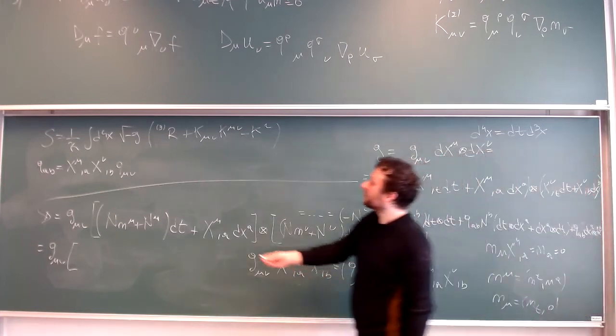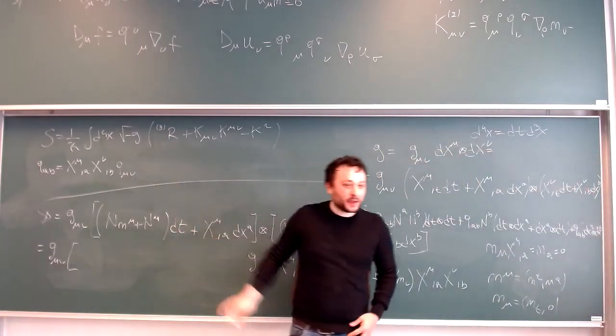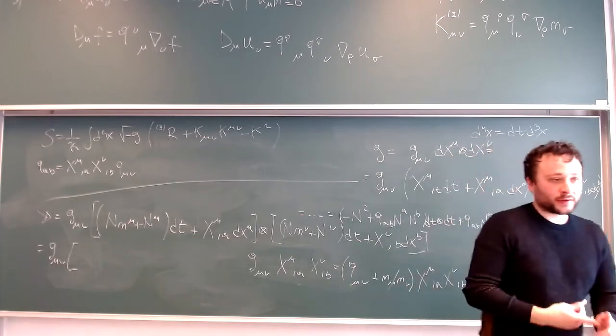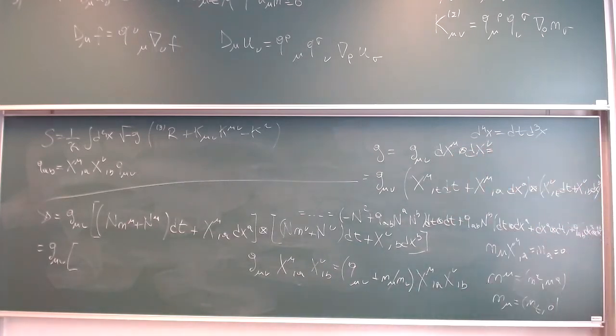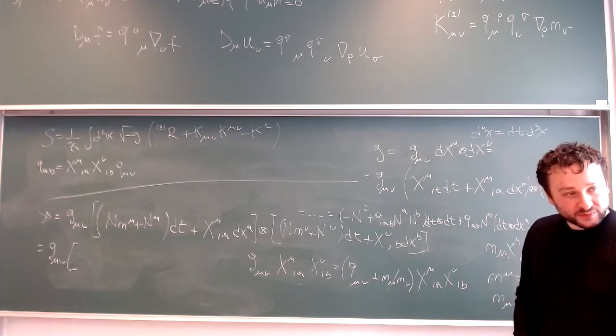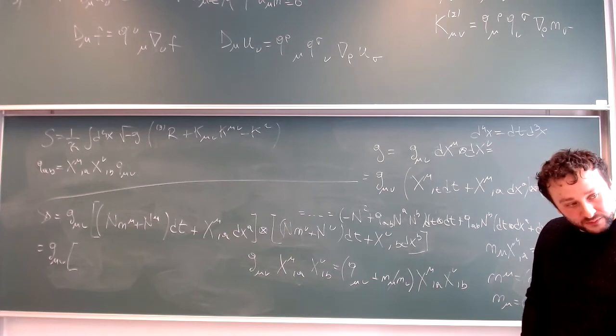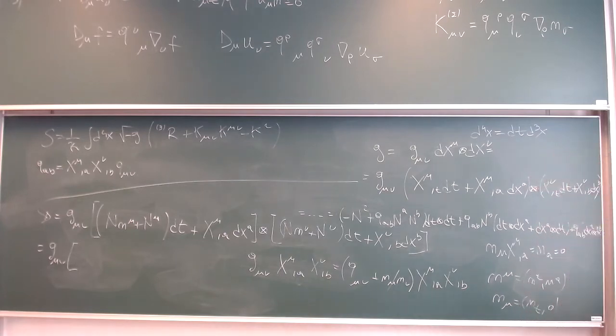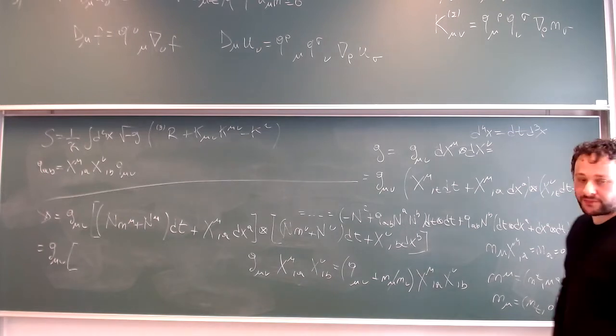That's why this R has the same form in Q mu nu and QAB. It would be more complicated if you're calculating some tensor, because then you would have to say in which coordinates you're doing it, in the big X coordinates or small X coordinates. But here, if it's the scalar, I think it's fine.